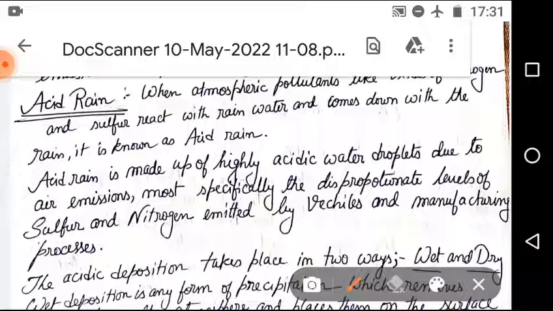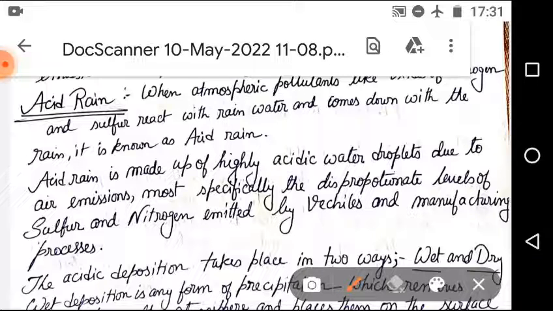And that acid water is a little bit corrosive. It's not like what you have seen in the films, that when it drops on your skin the skin is going to be blistered, not like that. But one day it will occur like this if we don't go on to check this acid rain.